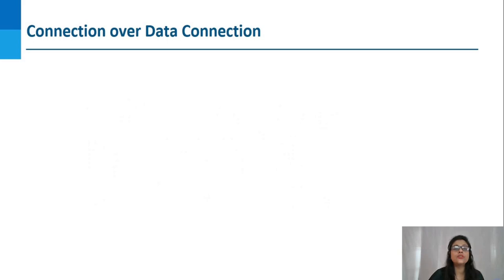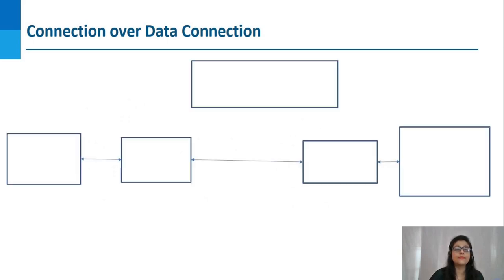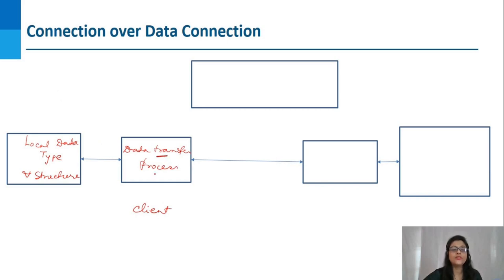Let's see connection over data connection. So local data type and structure is there. Then after that, at the client end, we have the data transfer process. This is the data connection path going through the internet.